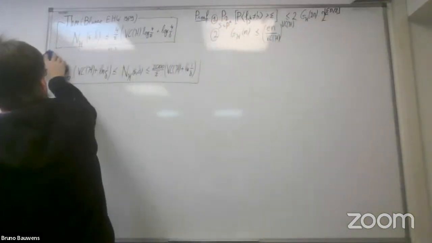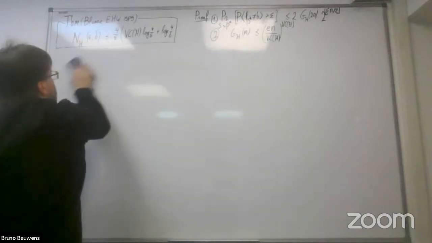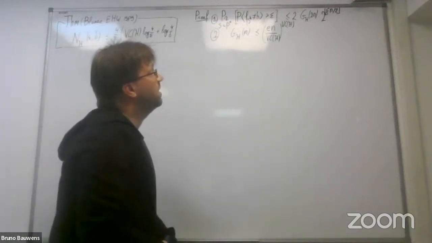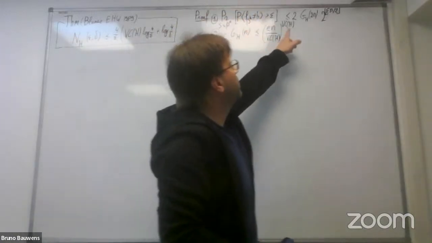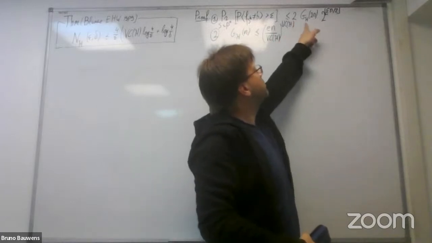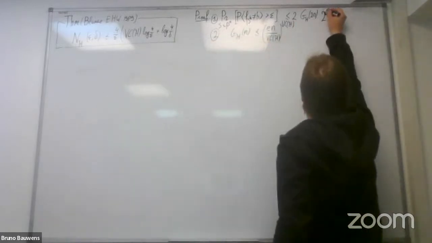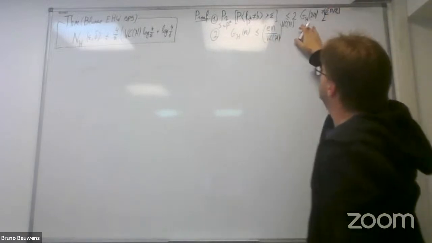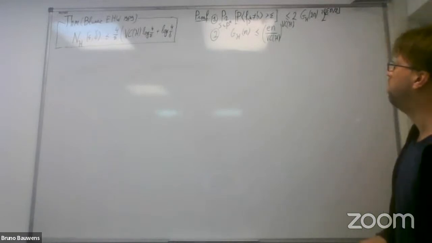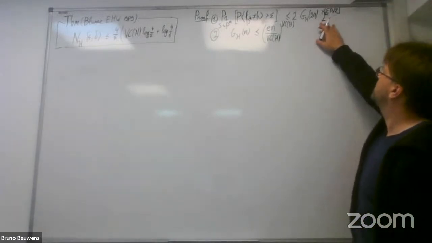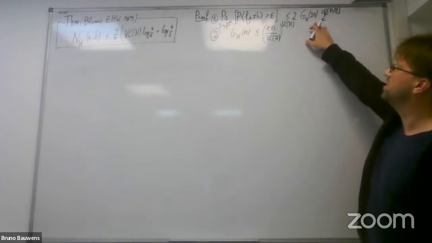So let me remove Hanneke's result. The first step will use the growth function, which we will soon define. The first step is to prove an exponential bound times this magical growth function.